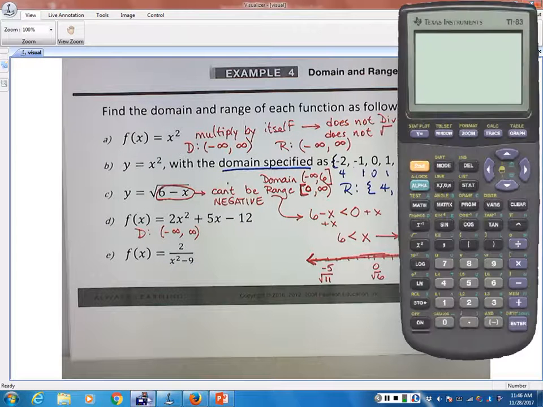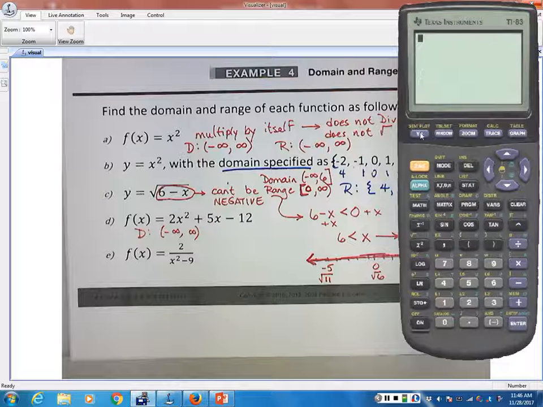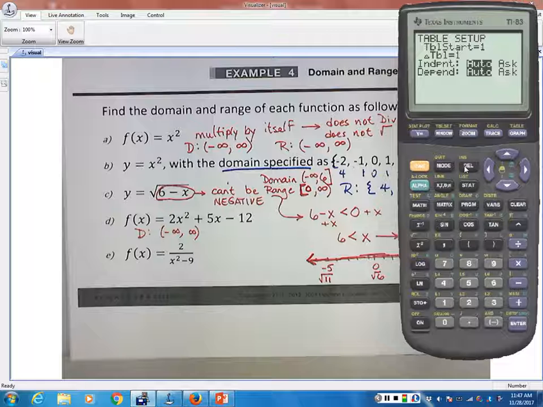And in order to see what the range is, I'm going to go to the calculator here for just a minute so we don't have to do arithmetic. And I'm going to enter in 2x squared plus 5x minus 12, and set the table up and just let it run.